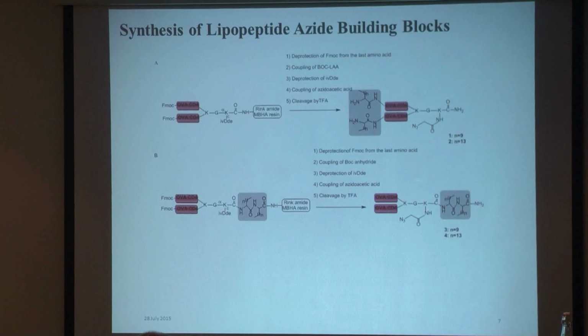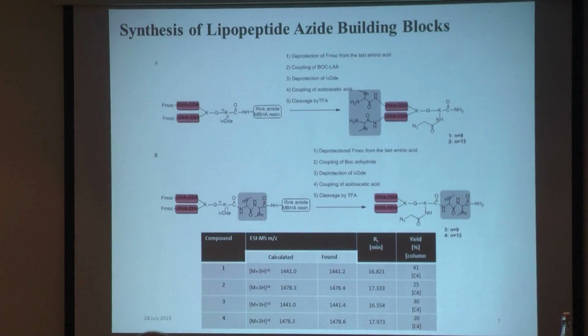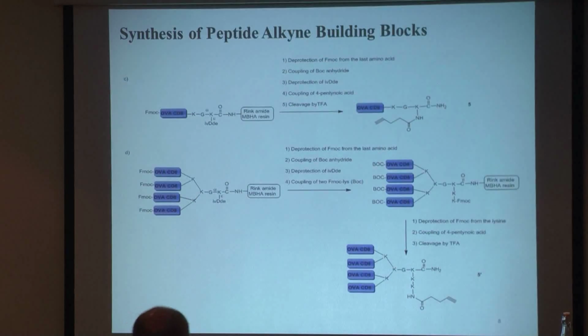And then, again, using the same method, I synthesized another building block with lipid at the C-terminus. And then we purified and characterized using mass spectrometry and HPLC to find peptides with more than 95% purity and reasonable yield.